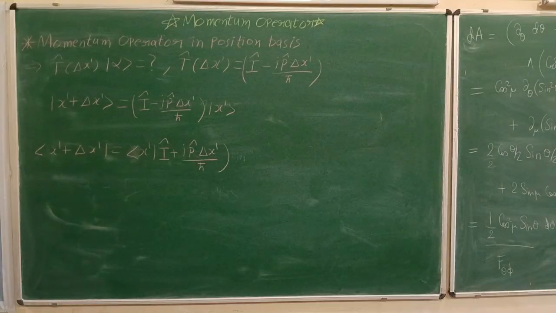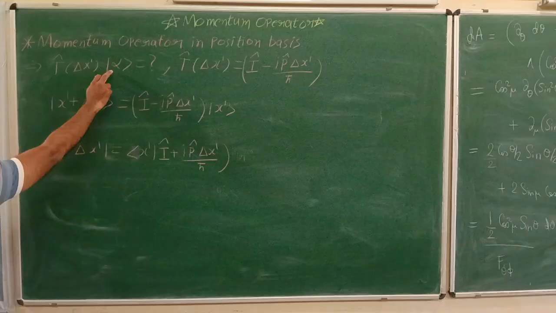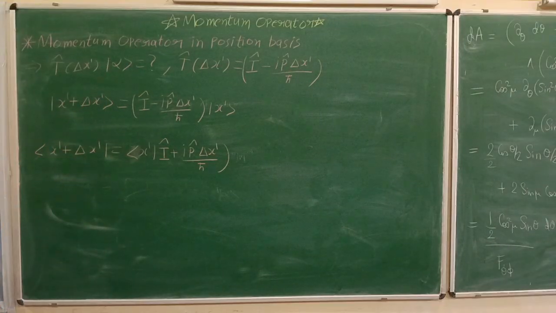Okay, fine. Now if I take overlap of this and this alpha, it will give me a translated state or translated wave function in position basis.